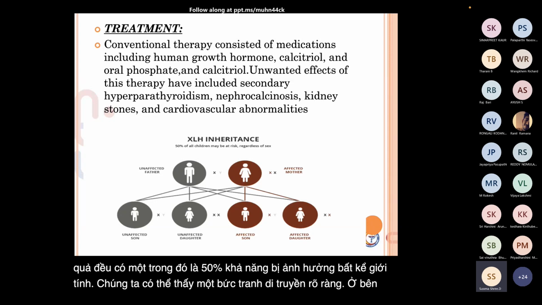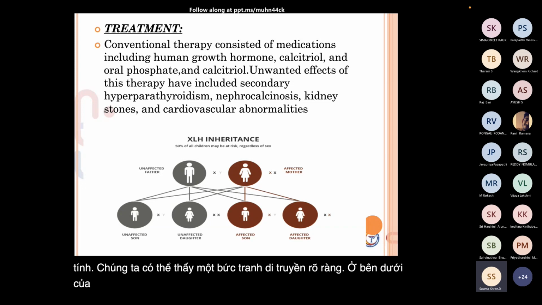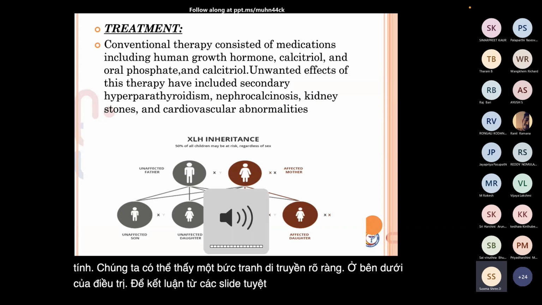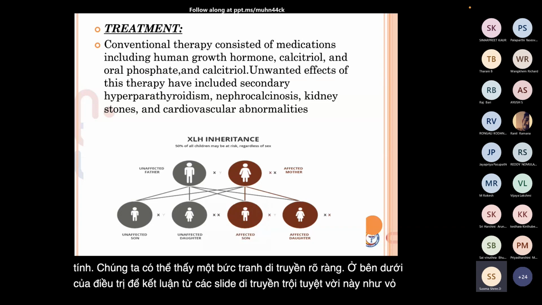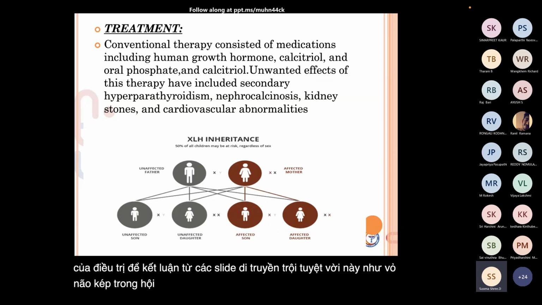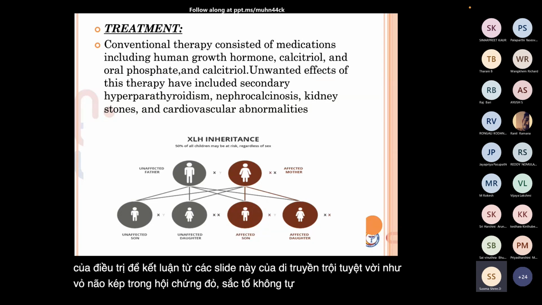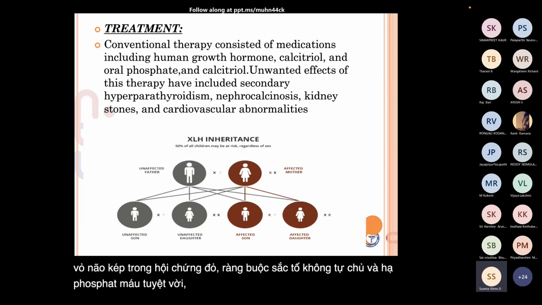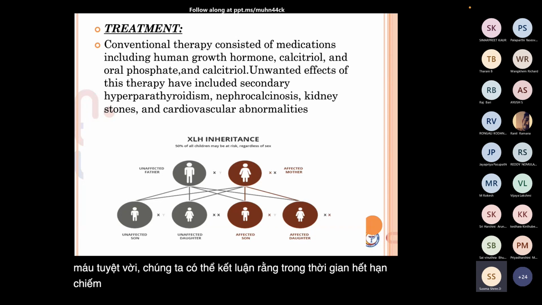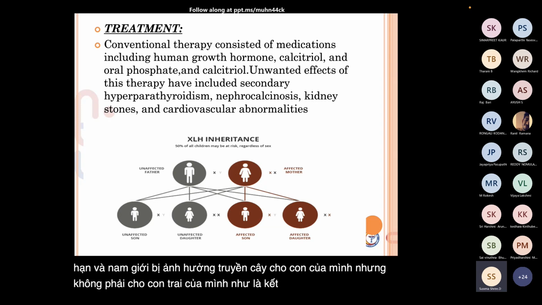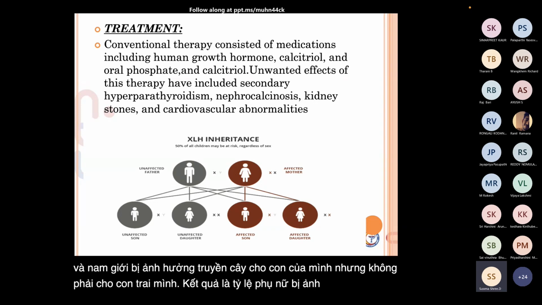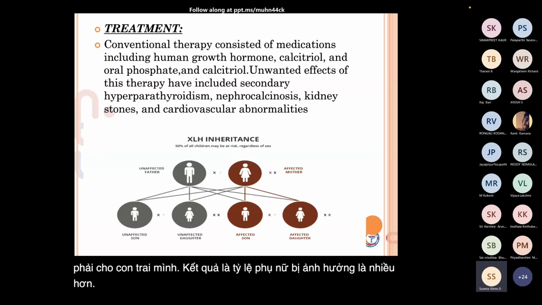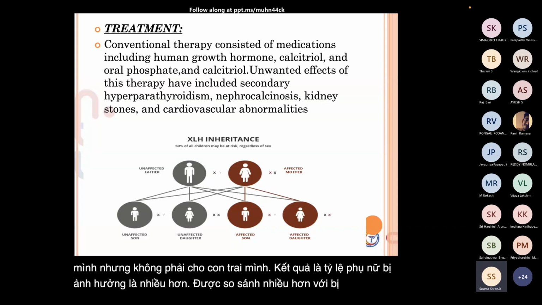To conclude, from these slides of X-linked dominant inheritance, such as double cortex syndrome, Rett syndrome, incontinentia pigmenti, and X-linked hypophosphatemia, we can conclude that in X-linked dominant inheritance, an affected male transmits the trait to his daughters, but not to his sons. As a result, the ratio of affected females is higher compared to affected males in X-linked dominant disorders.